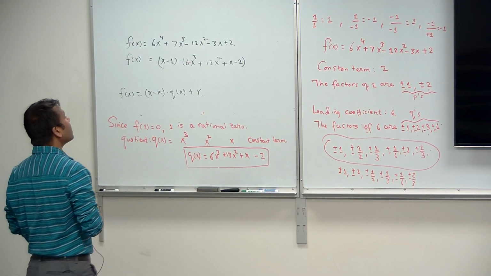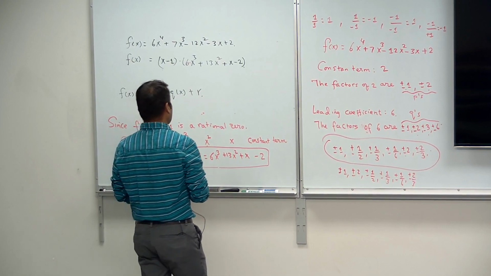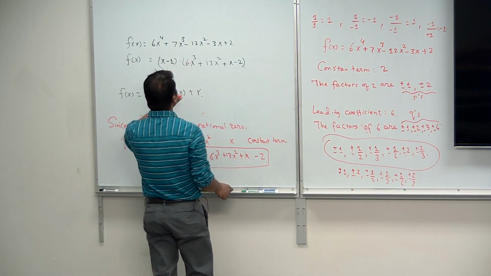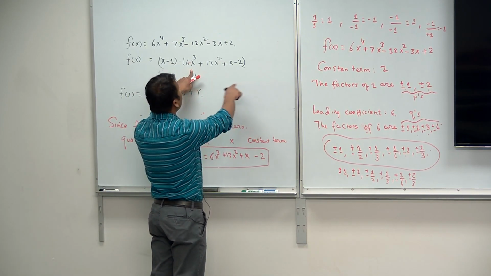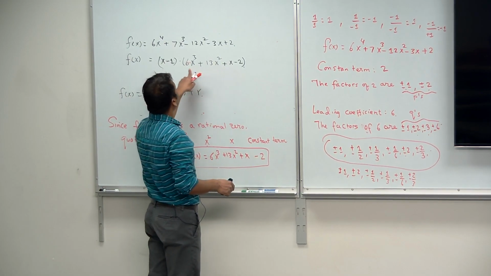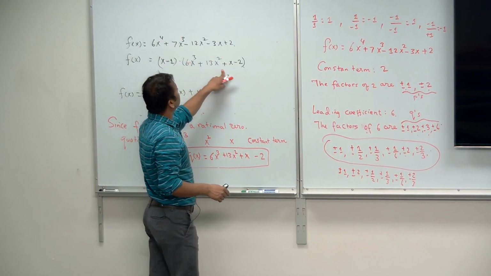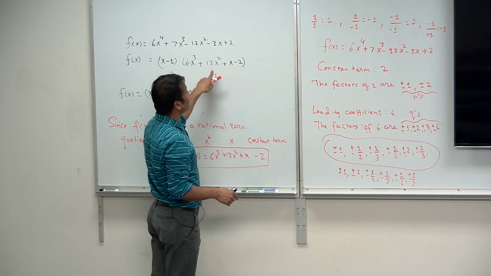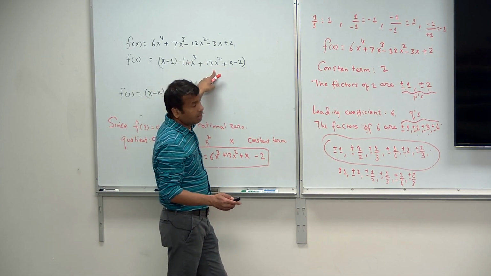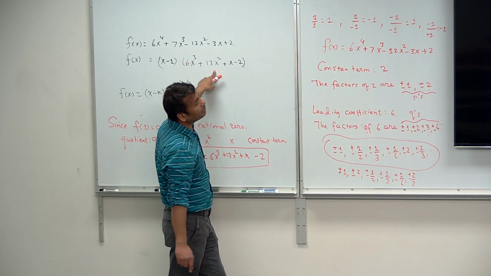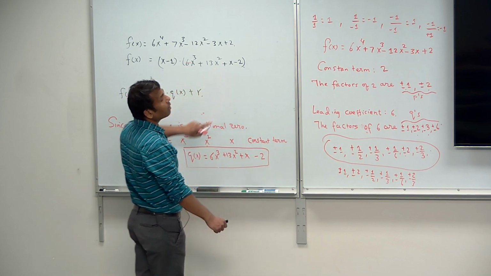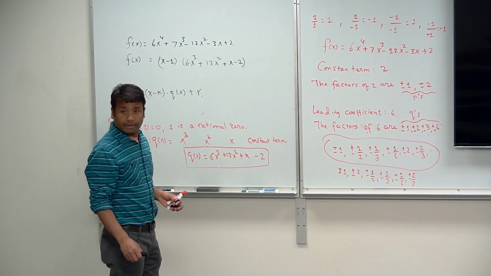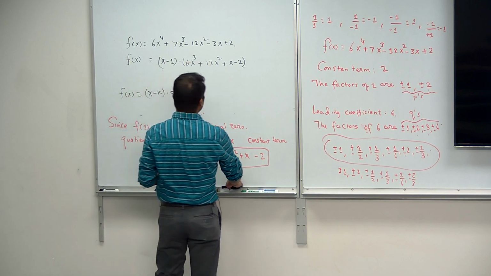So now similarly, you have to use the same rational zeros theorem to find the rational zeros of what? This. You see that? So, are you guys with me? So now repeat the same process.